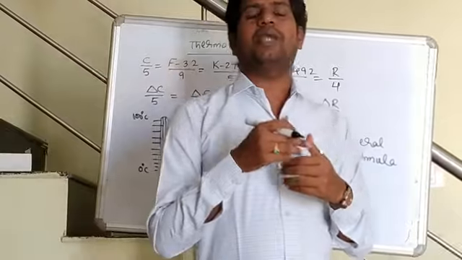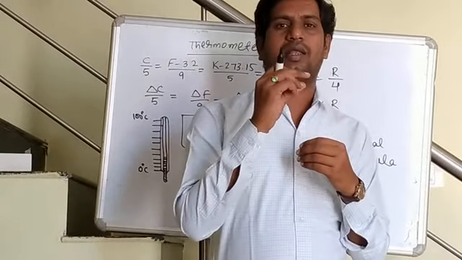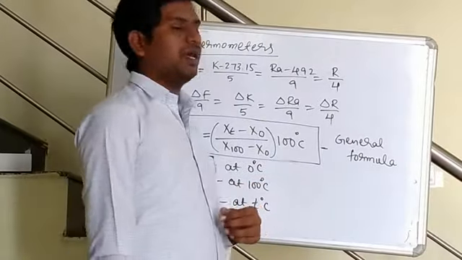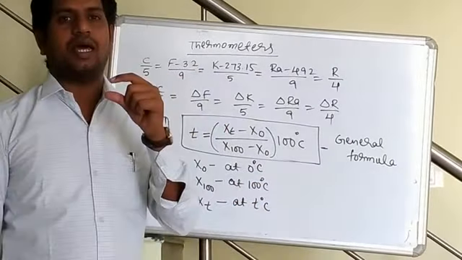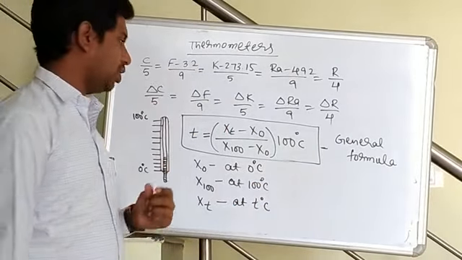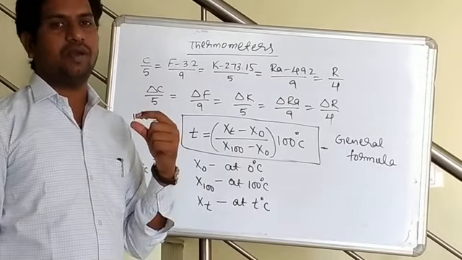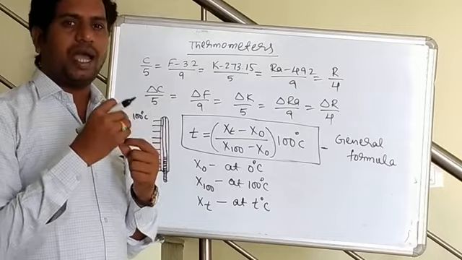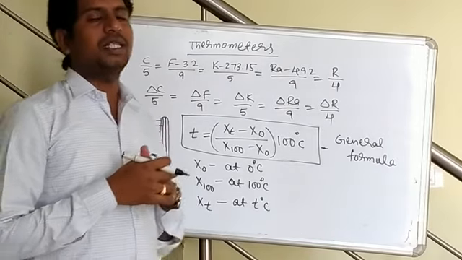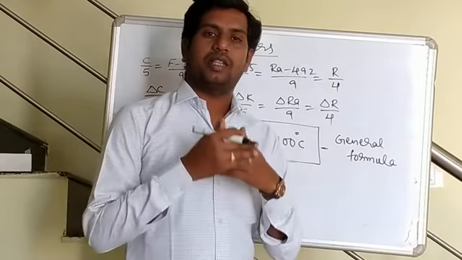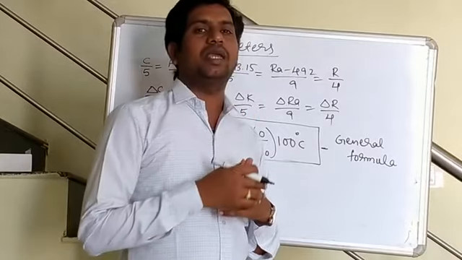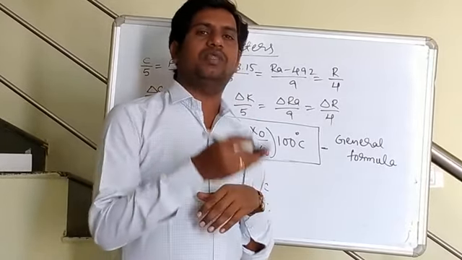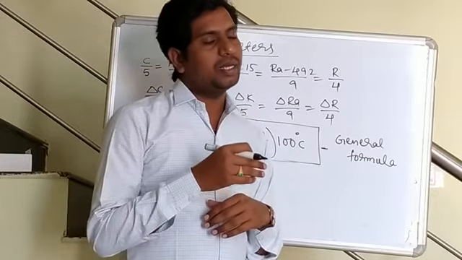As temperature increases, the parameter also increases. For example, liquid thermometers work on the principle of expansion of liquids. As temperature increases, the liquid will expand, the volume of the liquid increases. When the temperature decreases, the volume of the liquid also decreases.